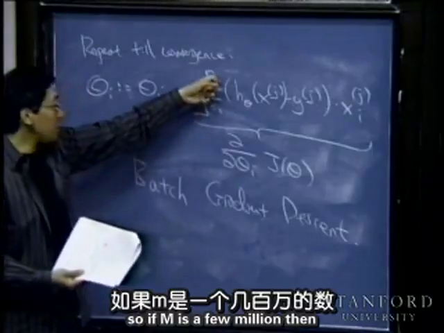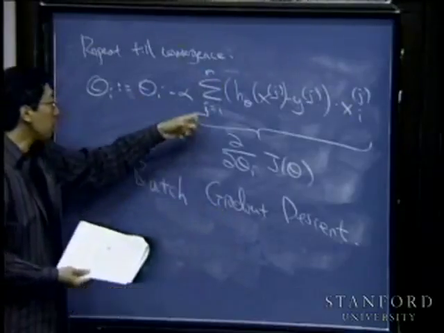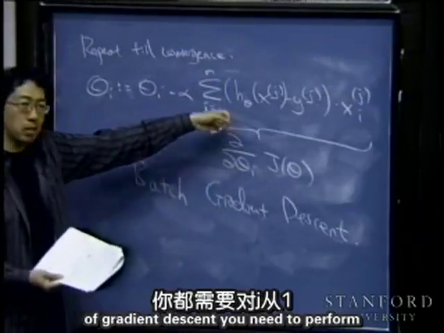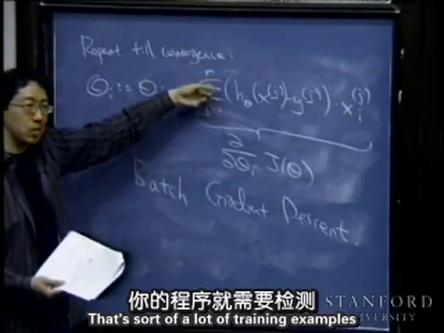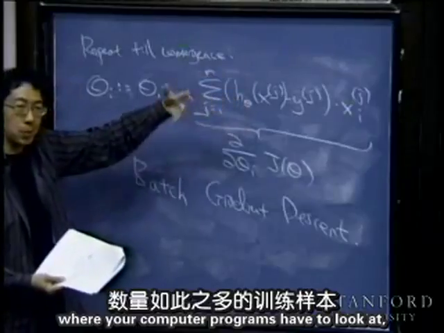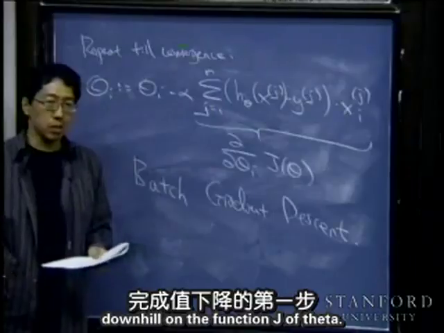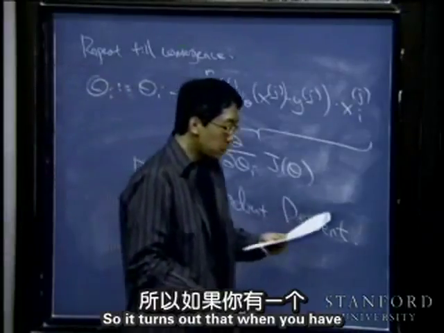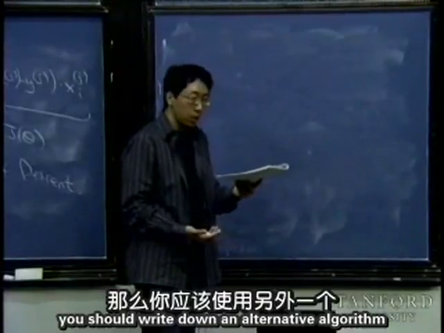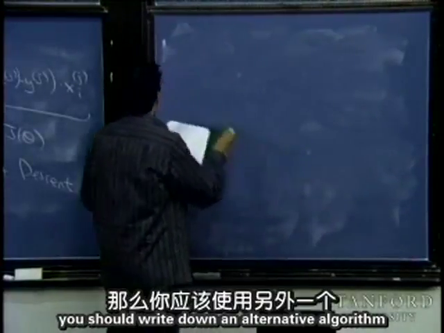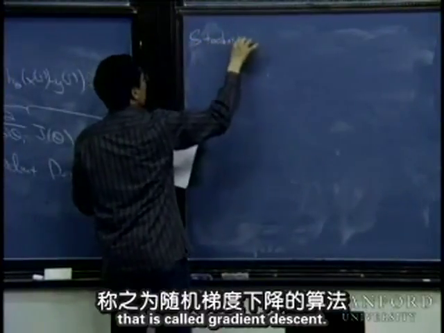So if m is a few million, then to perform every step of gradient descent, you need to perform a sum from j equals 1 to a million, and that's a lot of training examples for your computer program to have to look at before you can even take one step downhill on the function J of theta. So when you have very large training sets, we should write down an alternative algorithm called stochastic gradient descent.